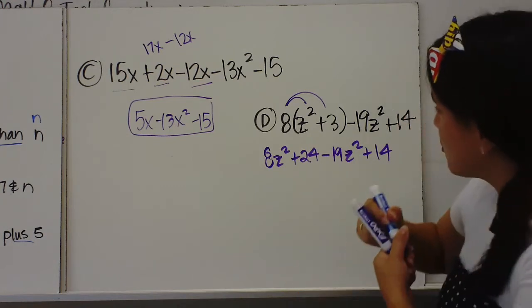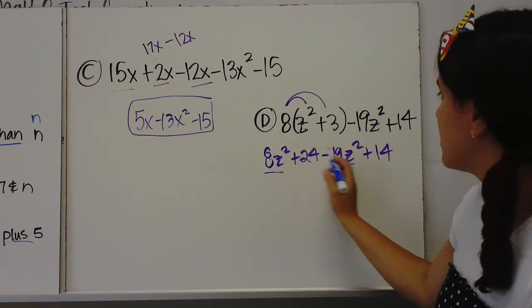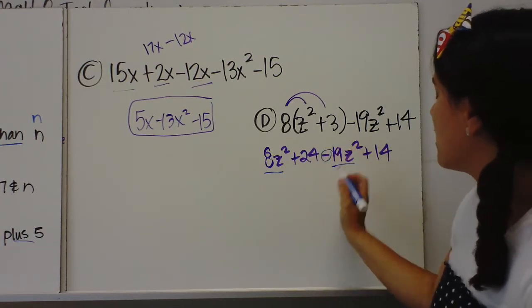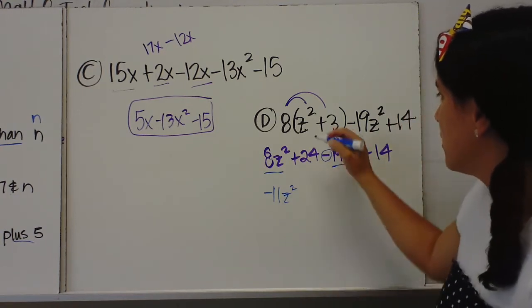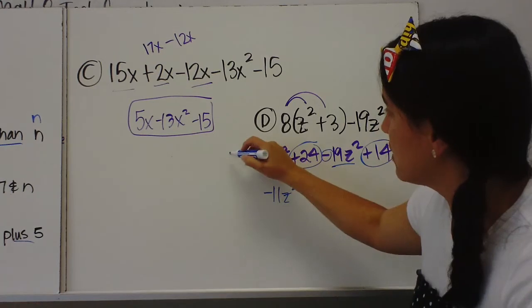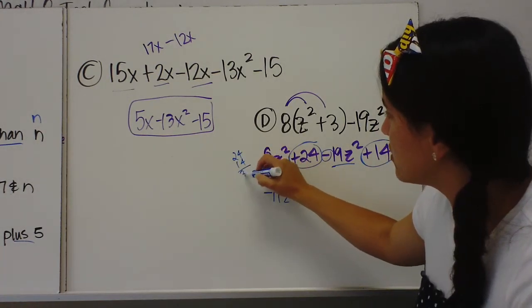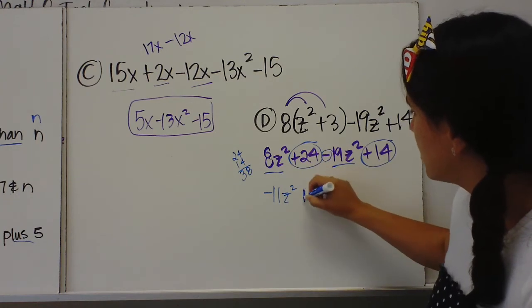Now we can combine like terms. I'm going to combine my z squareds, 8z squared, and remember this is a negative 19, so that's a negative 11z squared. I have 24 and 14. 24 and 14 is 38, so plus 38.